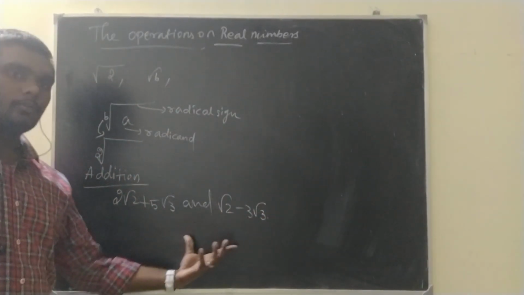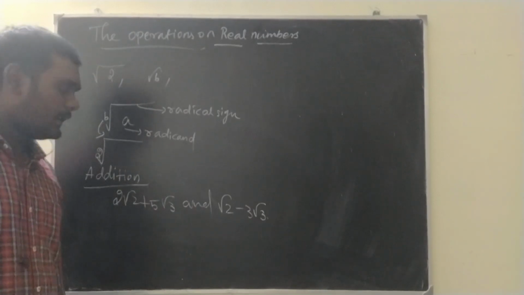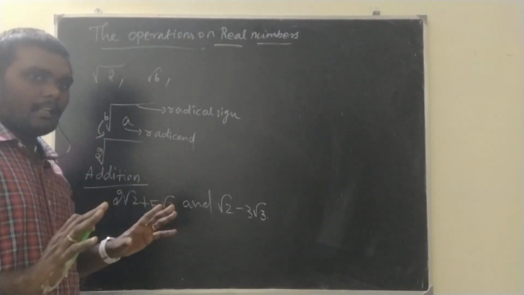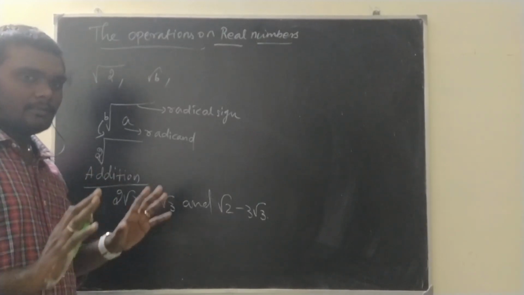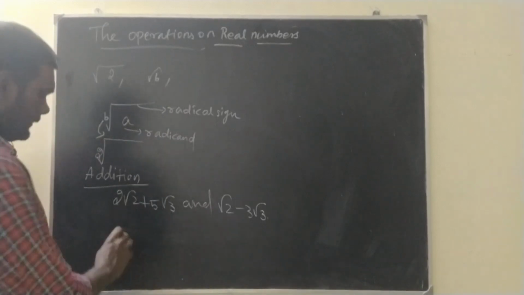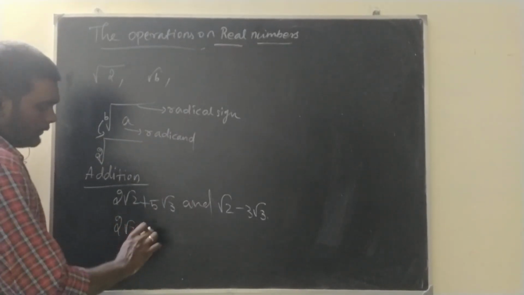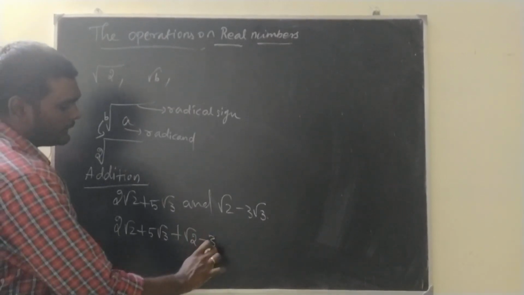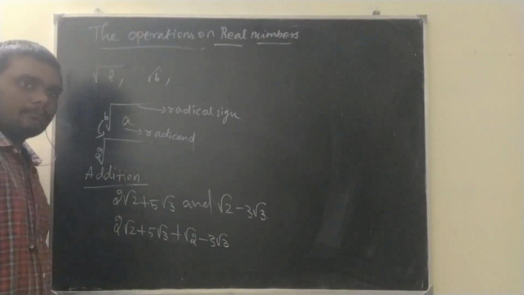We are going to add these two numbers. How can we add these two? See, we should add like terms with like terms. 2 root 2 plus 5 root 3 plus root 2 minus 3 root 3.